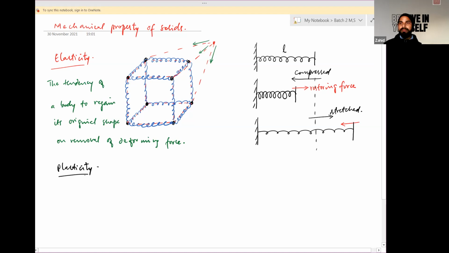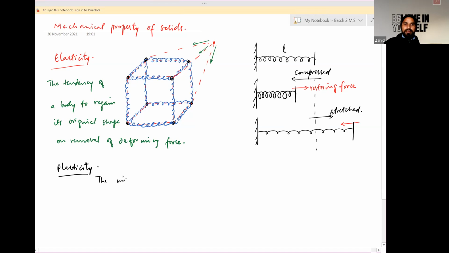Suppose there is some object on which, if you apply deforming force, the object will have inability to regain its original state on removal of deforming force. That tendency of a body is called plasticity. So plasticity is opposite of elasticity.